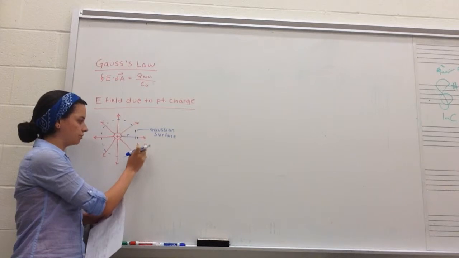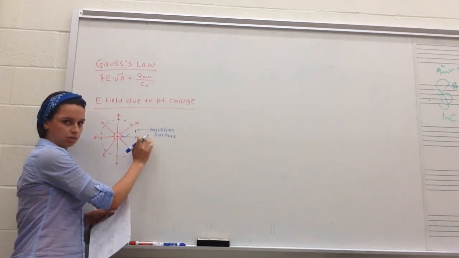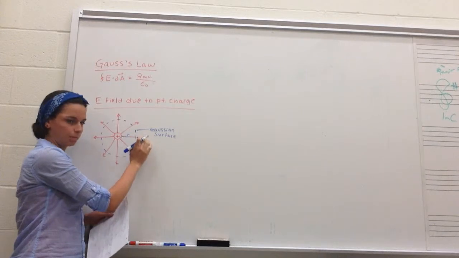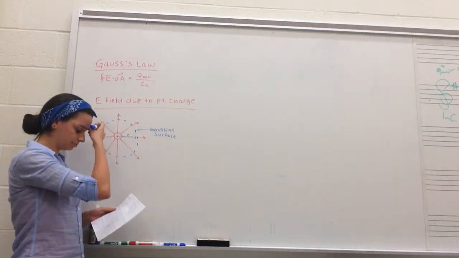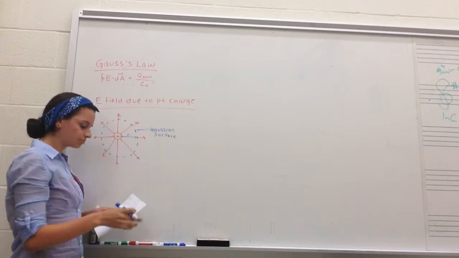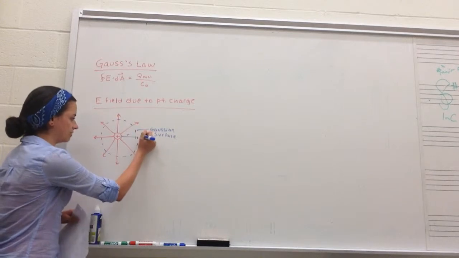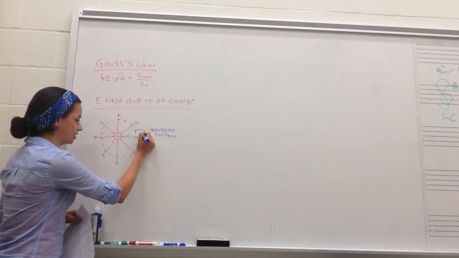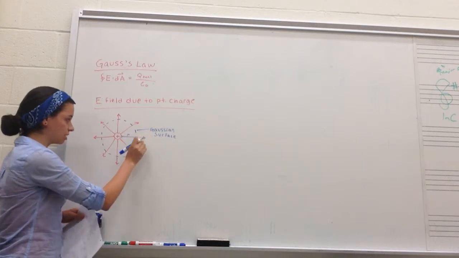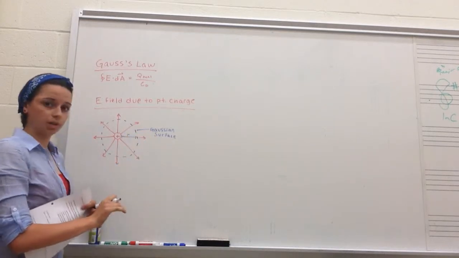And as you can see, if we zoomed in really, really close, this would be making a 90-degree angle with the surface, which is good because the dA vector is making a 0-degree angle difference with this electric field line, and so the cosine of 0 is 1.